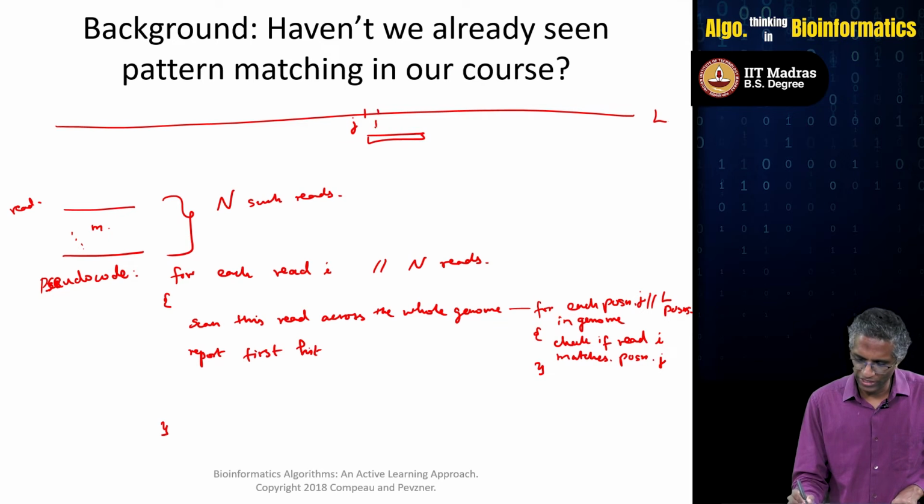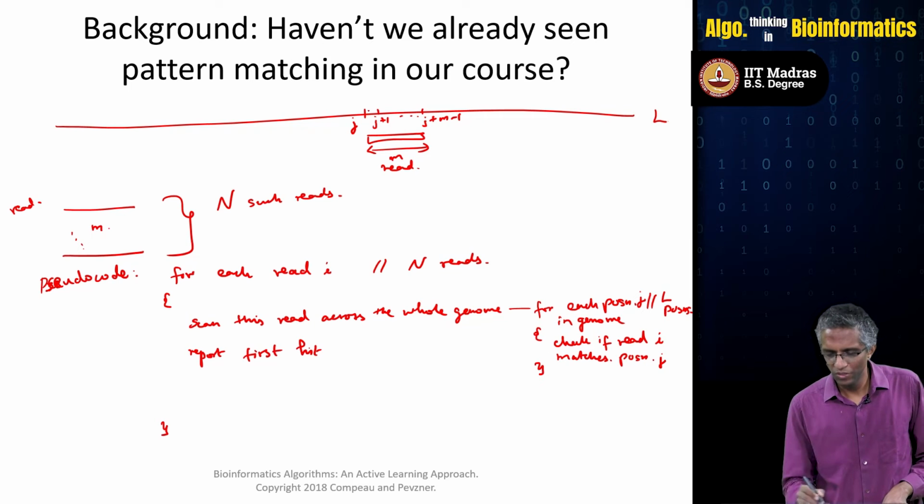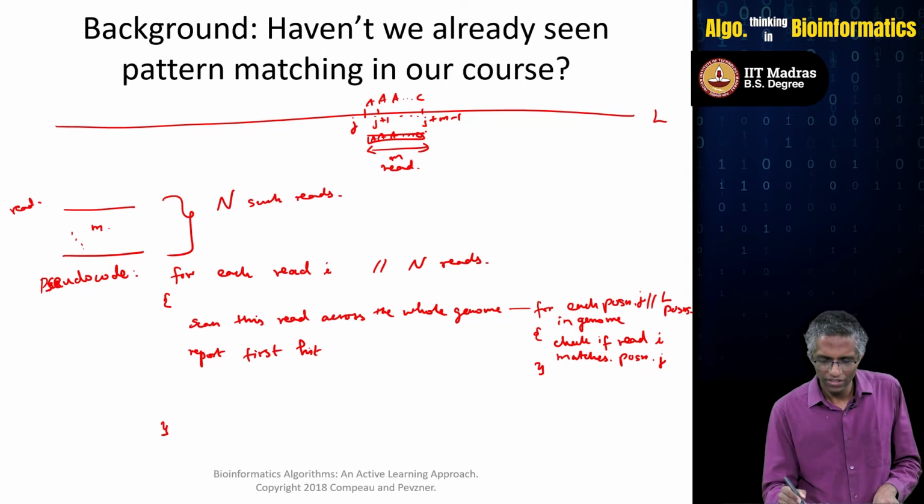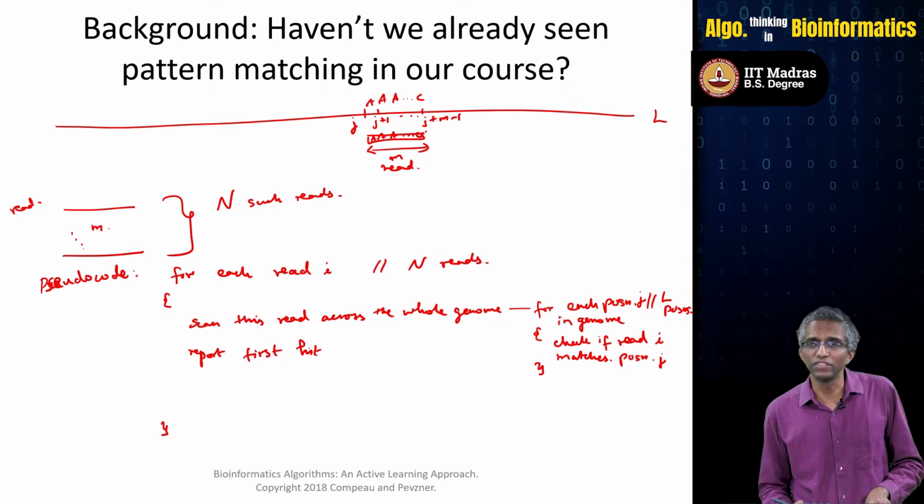You look at j plus 1, etc., to j plus m minus 1. So this is your m length read. You check if the read and the position in the genome, if this is A, etc., to C, you just check if the read is also A, etc., to C. Then if that matches, this is a hit in the genome.